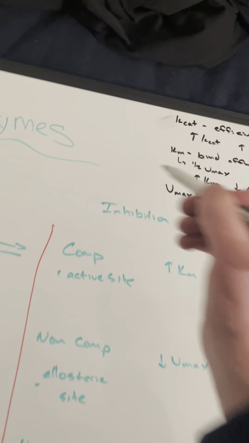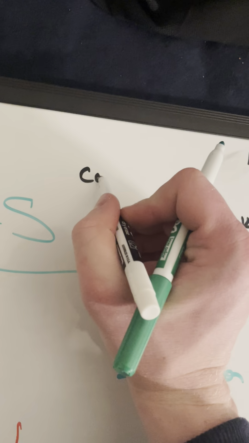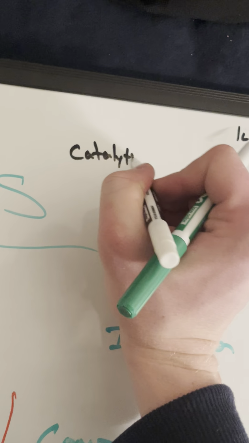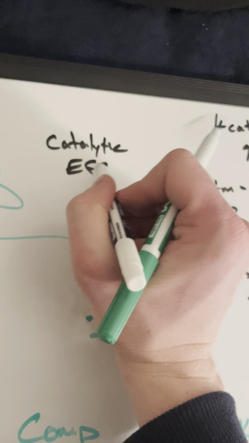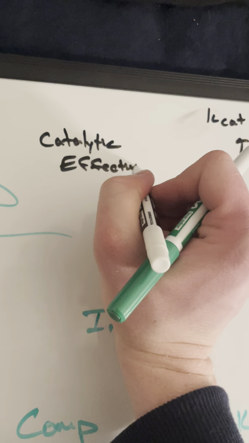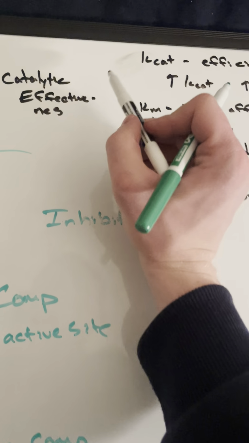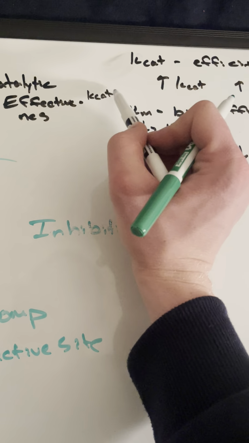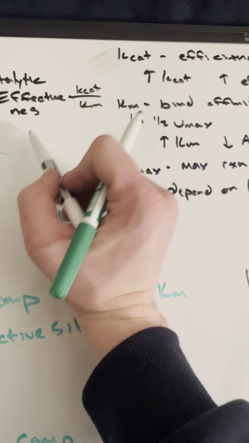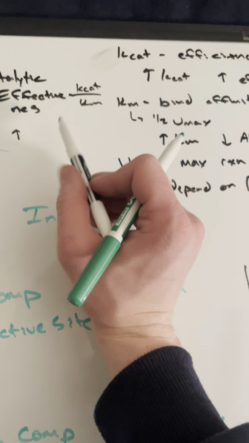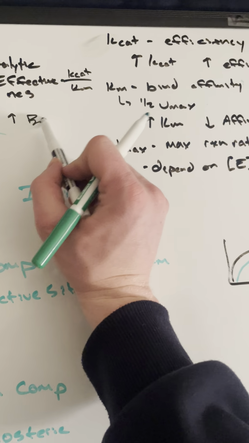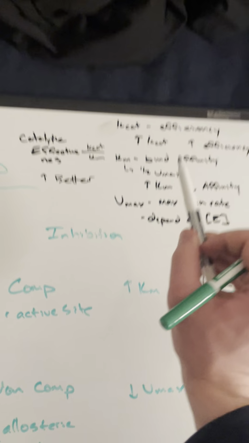And then you have effectiveness, right? And that's going to be your K-cat over Km, and the bigger this number, the better. All right, and that is going to be enzymes.